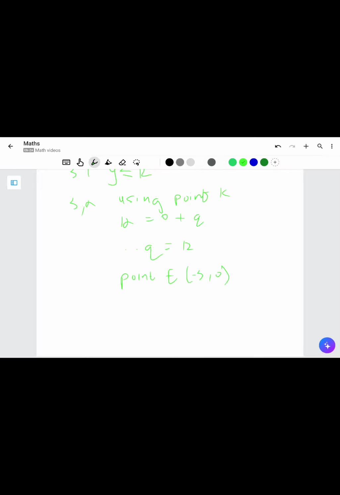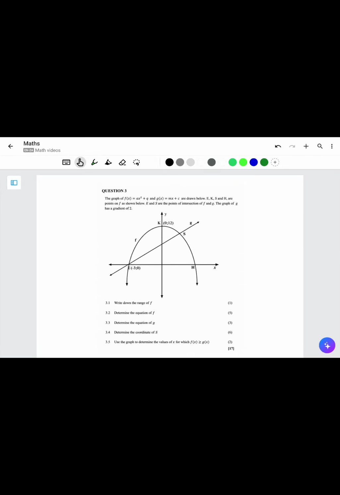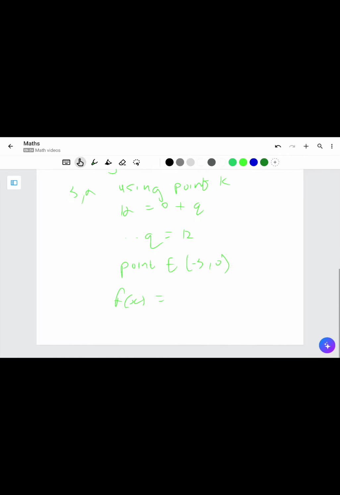We found our q value, so we know that f of x equals, let's have a look at what they gave us, ax squared plus q. So we can now take point E. We have our x value and our y value, and we found q.